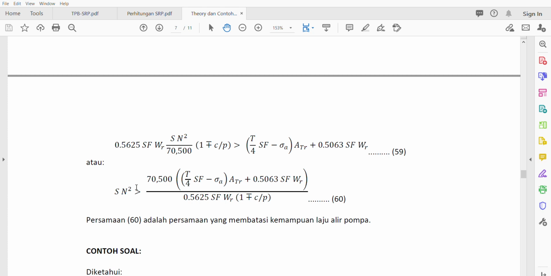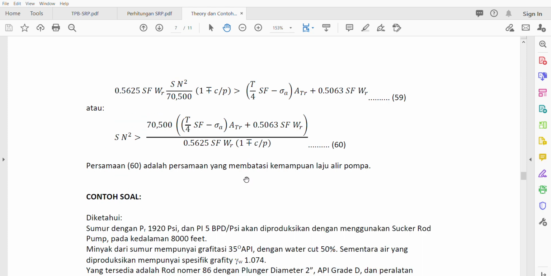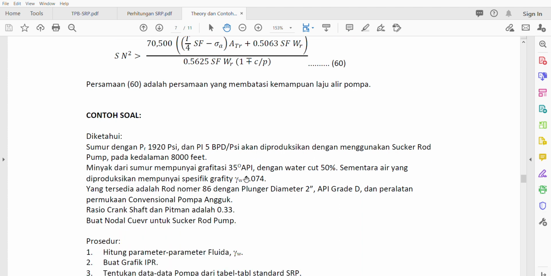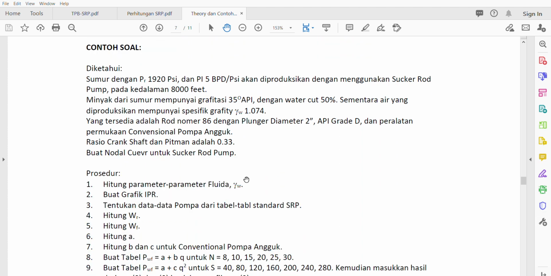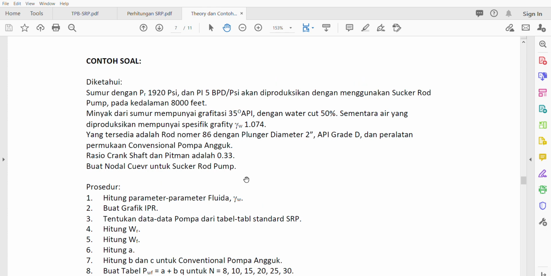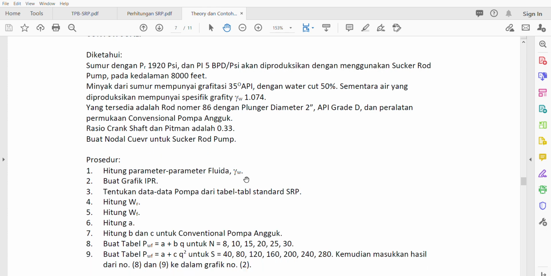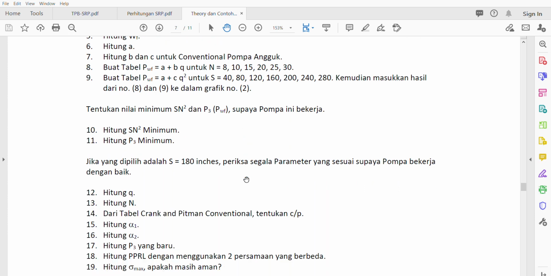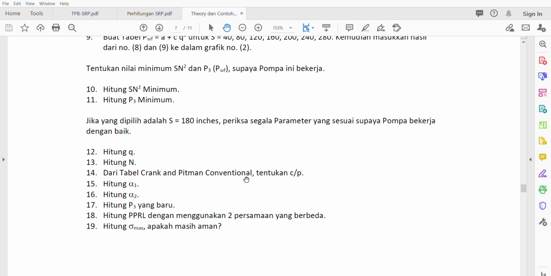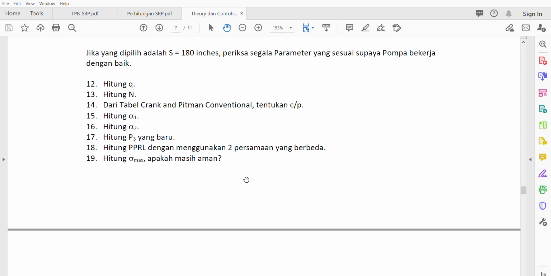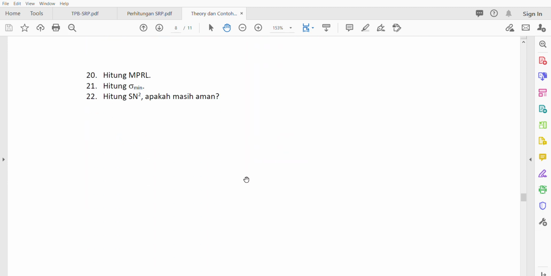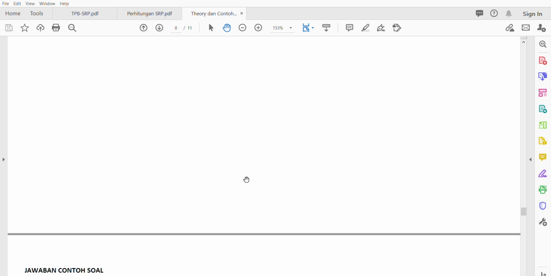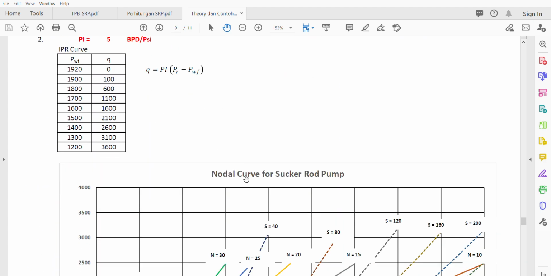If this one is larger than this value, it means we are fine. And this is the procedure to do the design of the sucker rod pump.